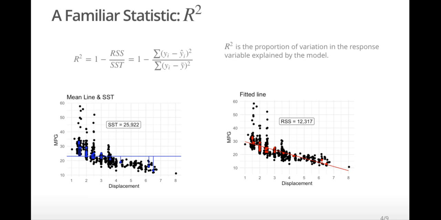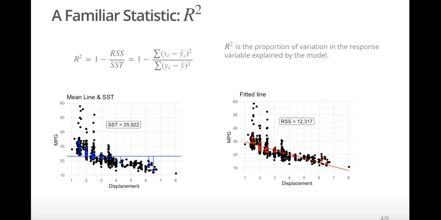So, RSS divided by SST is the proportion of variation in the response that is left unexplained, which means 1 minus RSS over SST is the proportion of variation in the response explained by the model. That is the definition of R squared. For this model, the R squared is about 0.525.